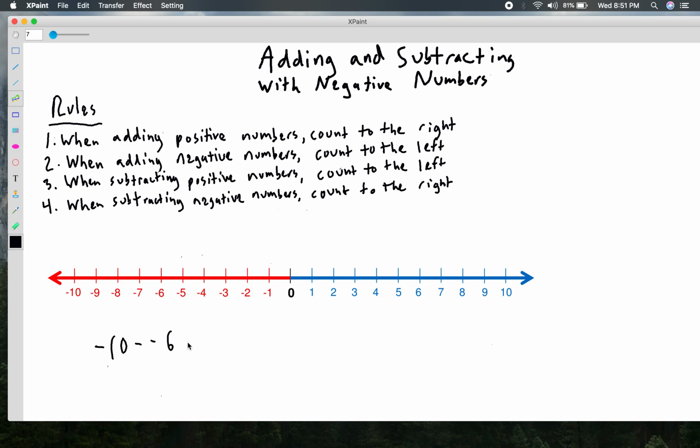All right, well, when subtracting negative numbers, go to the right. Okay, that means I'm at negative 10. 1, 2, 3, 4, 5, 6. It's a negative 4. Good. Why? Because this is the same as negative 10 plus 6. When adding positive numbers, count to the right, it's the exact same thing.